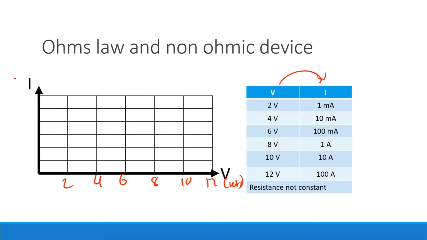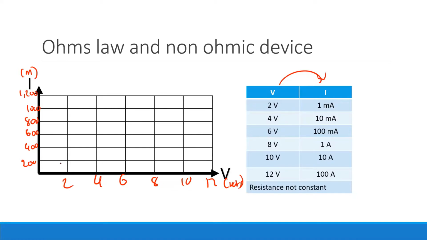We're going to do this in 200 milliamp blocks, I think. So we're going to go with 200, 400, 600, 800, 1,000, and 1,200 milliamps.